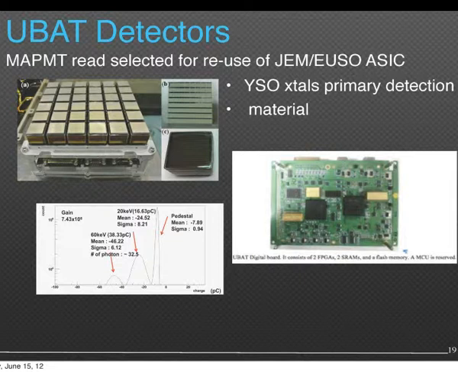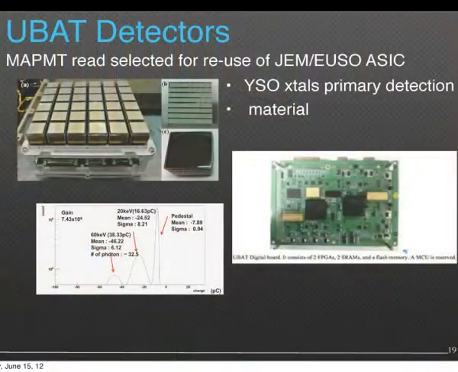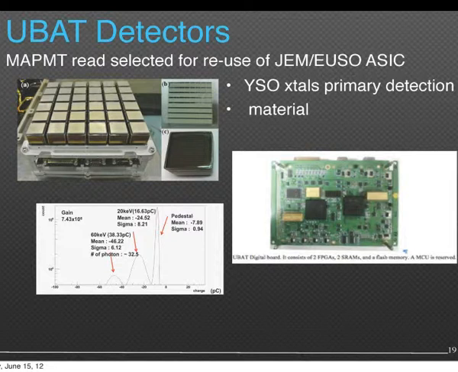The reason we ended up with this is we had a very, very short time to do this project. We tried to get good electronics for CZT detectors, and we were unable to do this in the time frame necessary. However, we have connections to the GEM USO collaboration. We were able to have their ASICs to read out all these MAPMTs. And so that's the motivation behind this very non-standard kind of detector.